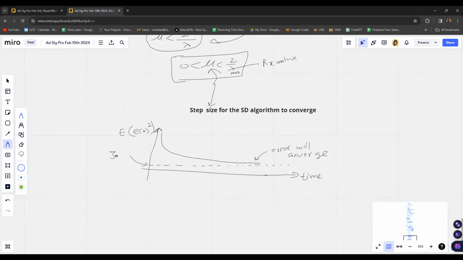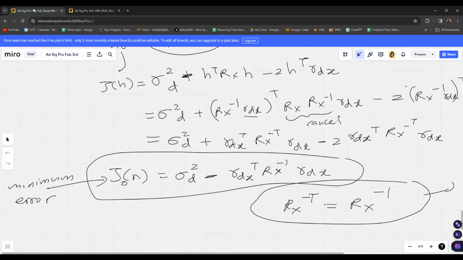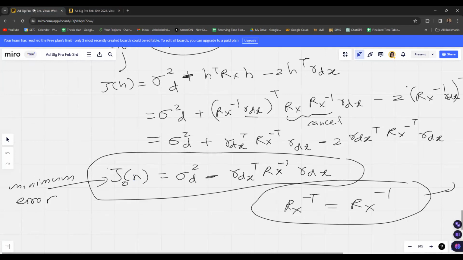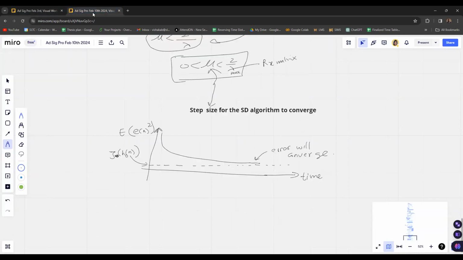You can get the minimum value of the error at a certain point once you obtain the optimal filter coefficients. Once you input the optimal filter coefficients, this error value will be obtained. So the optimal filter coefficients will be obtained once this error converges, right? So this error convergence is something we are targeting.